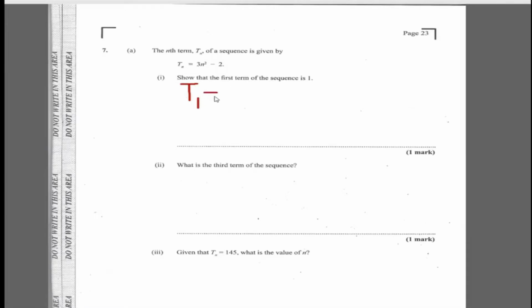So T1 is equal to 3 times 1 squared minus 2. And 3 times 1 is 3. 3 minus 2 is 1. So that is the first term of this sequence. The first term is 1.